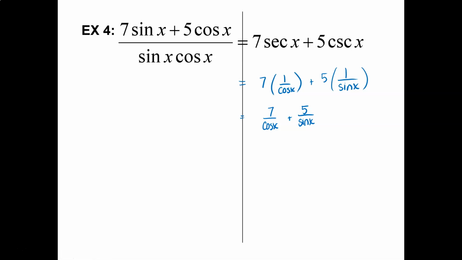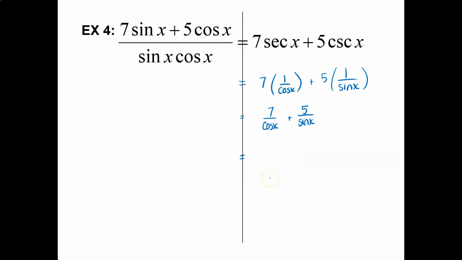All right, so notice over here for this side, everything is in one complete fraction, right? Over here we got two separate fractions. So if we got common denominators, I feel like that's going to help us over here, right? So what would the common denominator have to be?